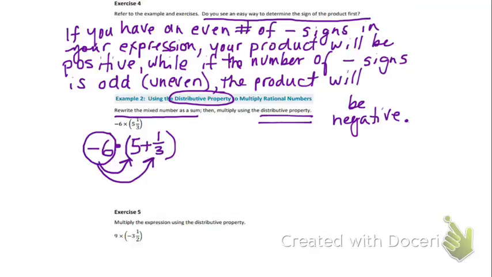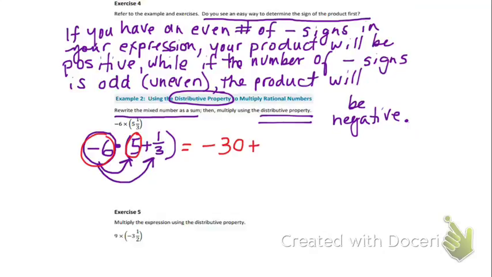Now we have to take into consideration all the signs we are applying here. Our first step is -6 times +5, which equals -30.